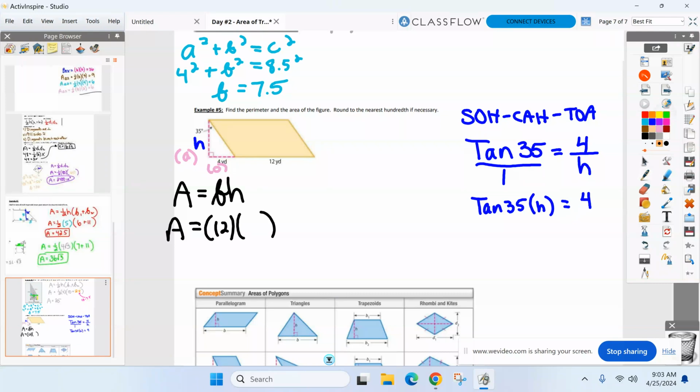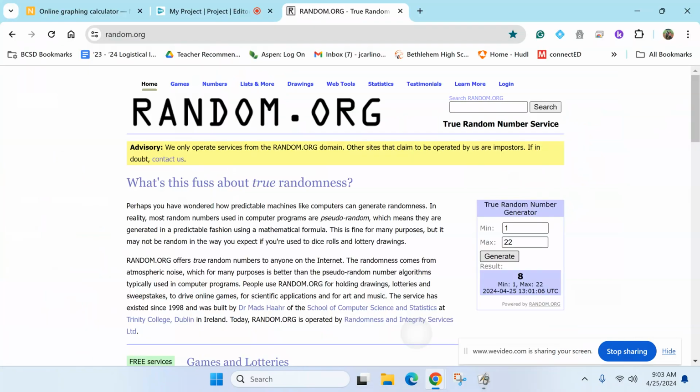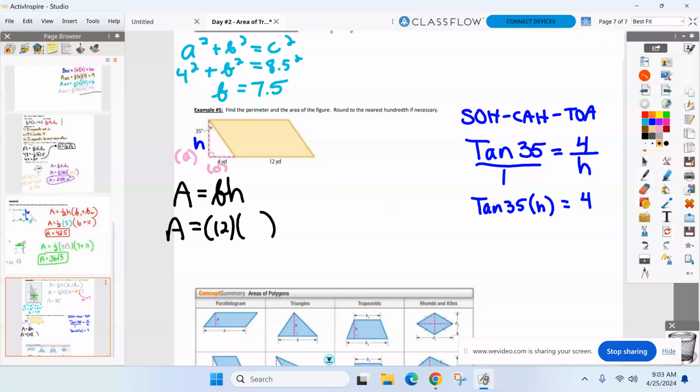How do we get tan 35 by itself? Anybody remember how we got H by itself here? H by itself, Stellan, remember what we did? Divide by 4. Divide by tangent. Tan 35, good. And you can do that all in your calculator now.